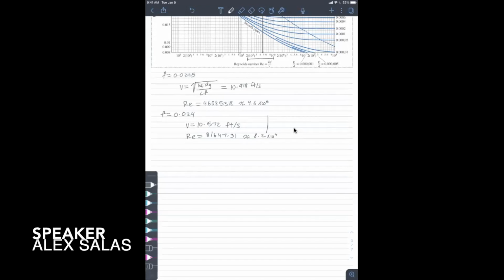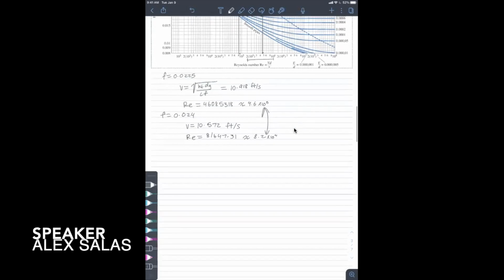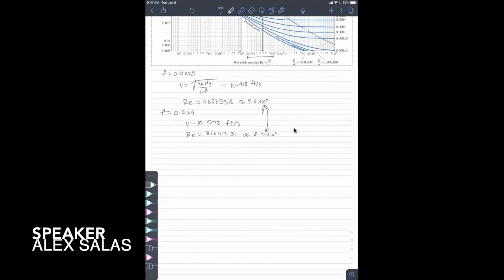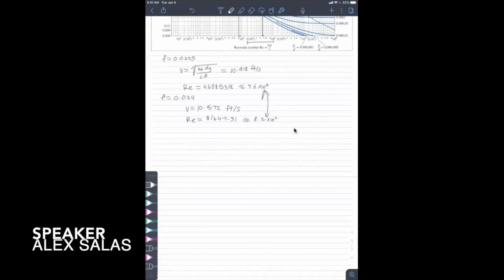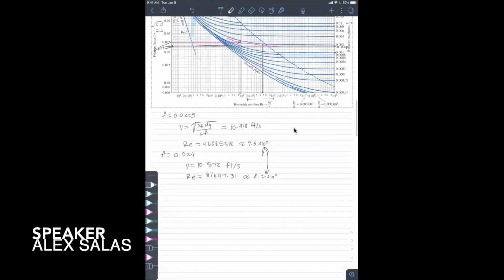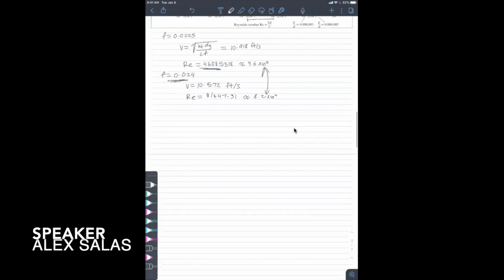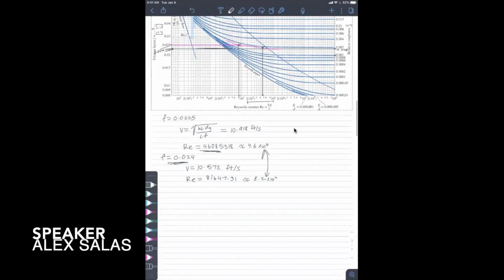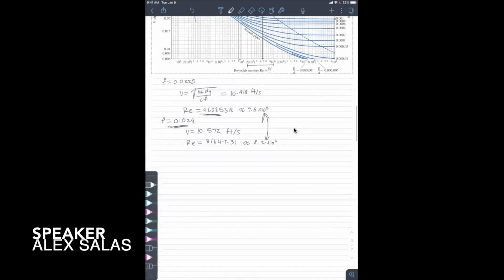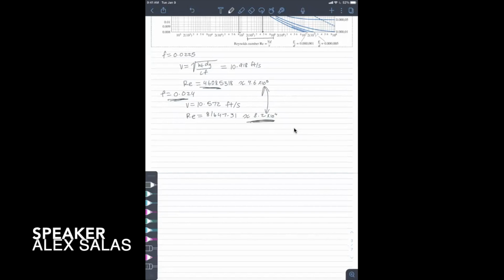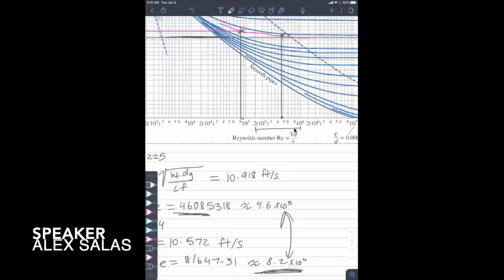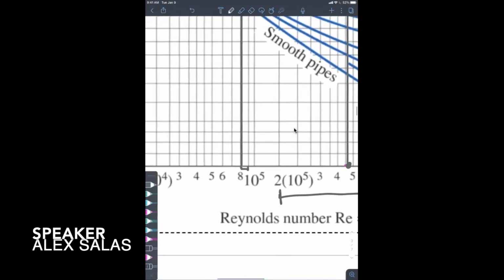So there's a pretty big discrepancy here, which means that we should probably do another guess, because even though we're saying that it crosses here, that's only considering the Reynolds number here. That's how we know that at this friction factor, it crosses the curve. And so we're going to make another guess. Based on this Reynolds number, we're going to plot it and say it's right about here.